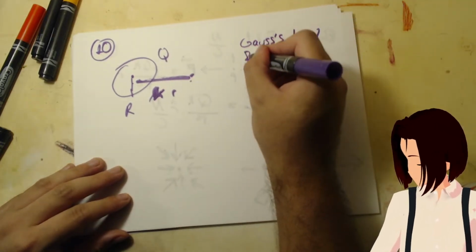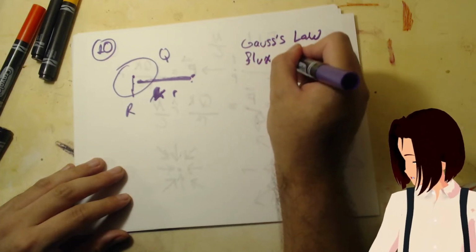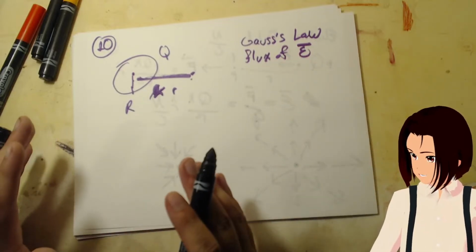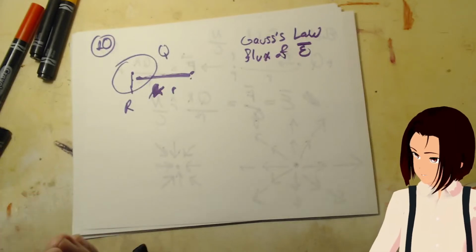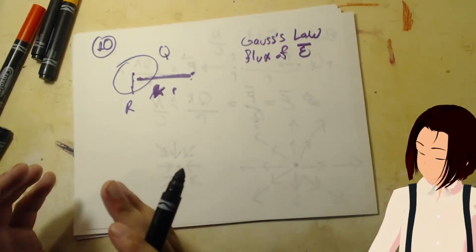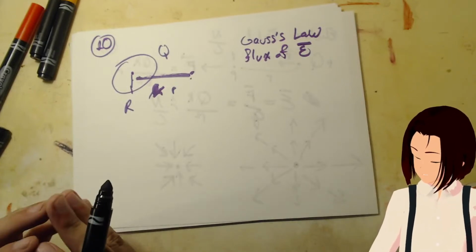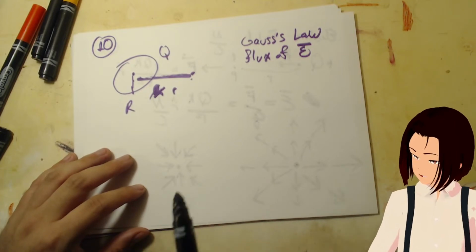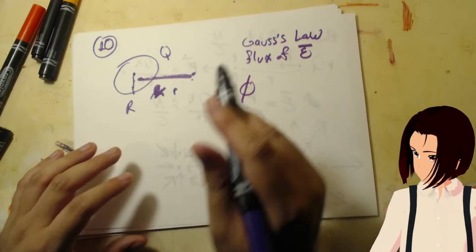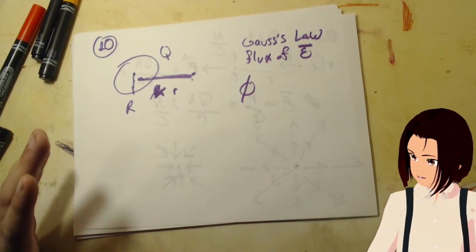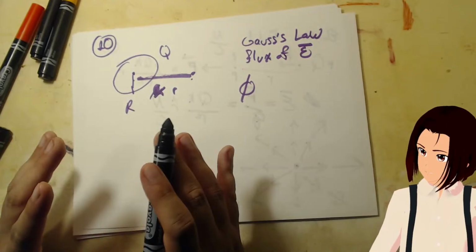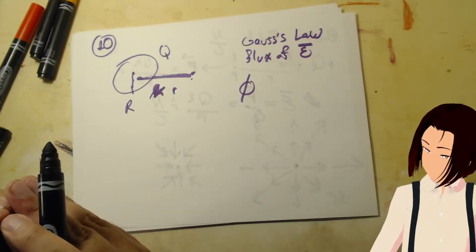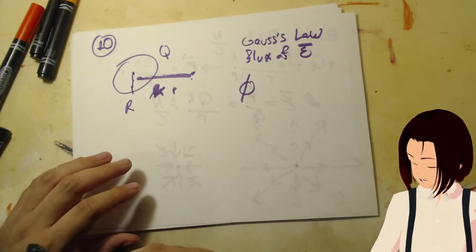So the flux of the electric field out of an arbitrary closed surface, if you imagine it around a closed surface, is proportional to the electric charge enclosed by that surface. The electric flux is like the electric field going through a dA, a very small surface area, and we call that a dA.